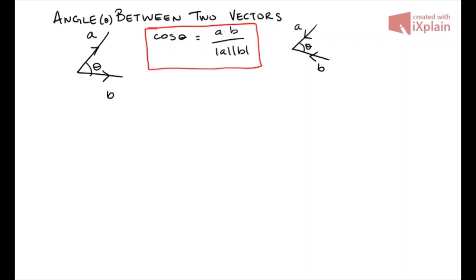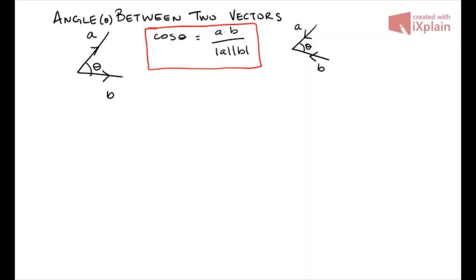We have two scenarios where you have A and B moving away from the same point and A and B going towards the same point. So the angle formed between them there, which is theta, is equal to the dot product divided by the product of the individual magnitudes. So let's use an example for us to see how this formula works.